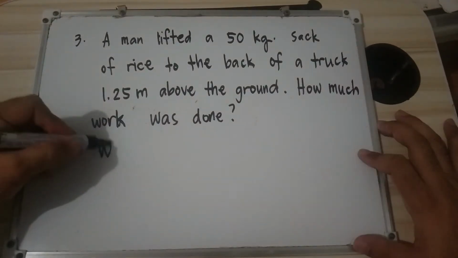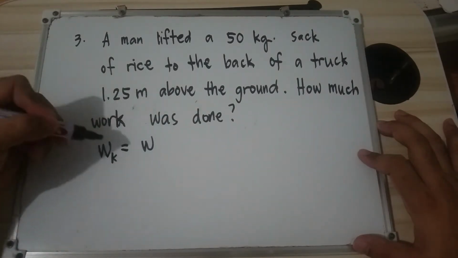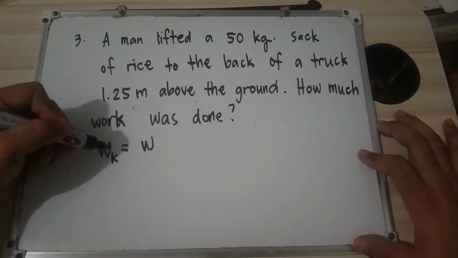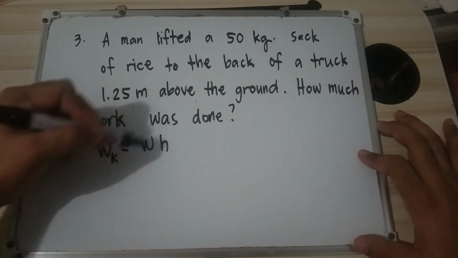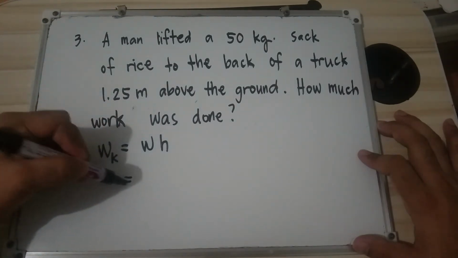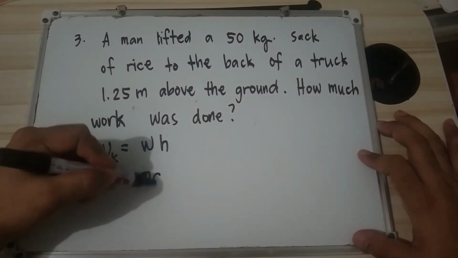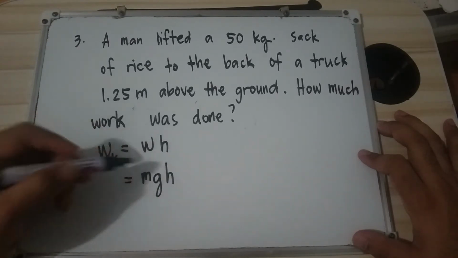Solution: work, so we don't get confused, let's put a subscript W, which stands for work. That is equal to weight times height. And we know work is equal to mass times gravity times height.